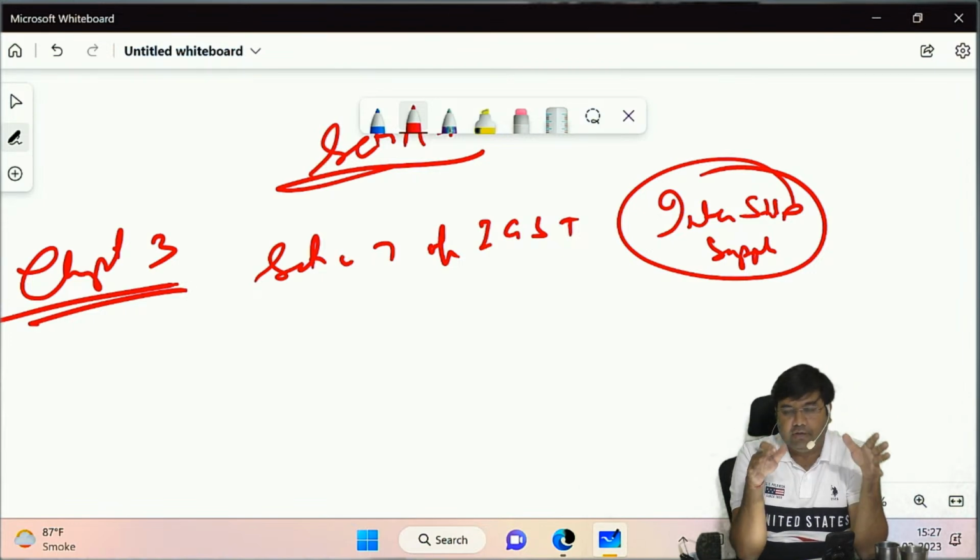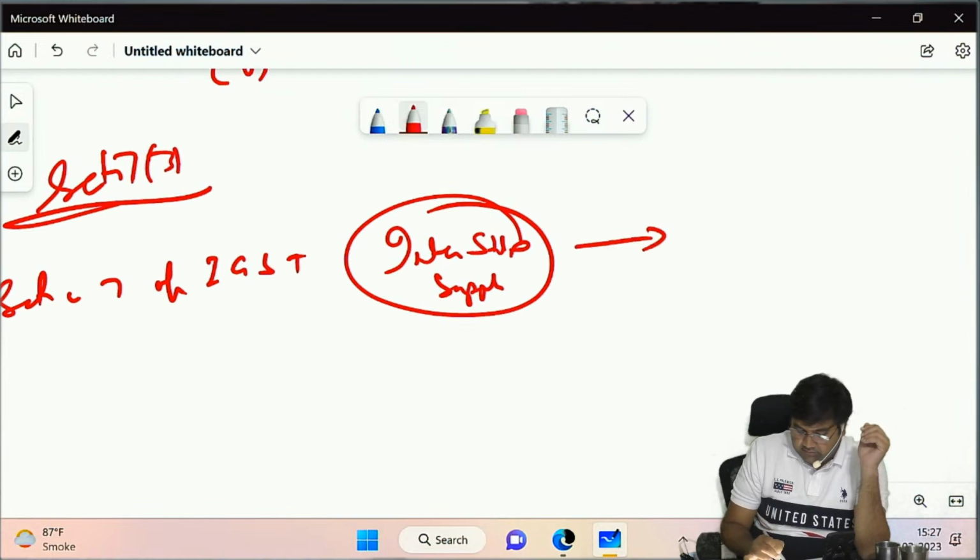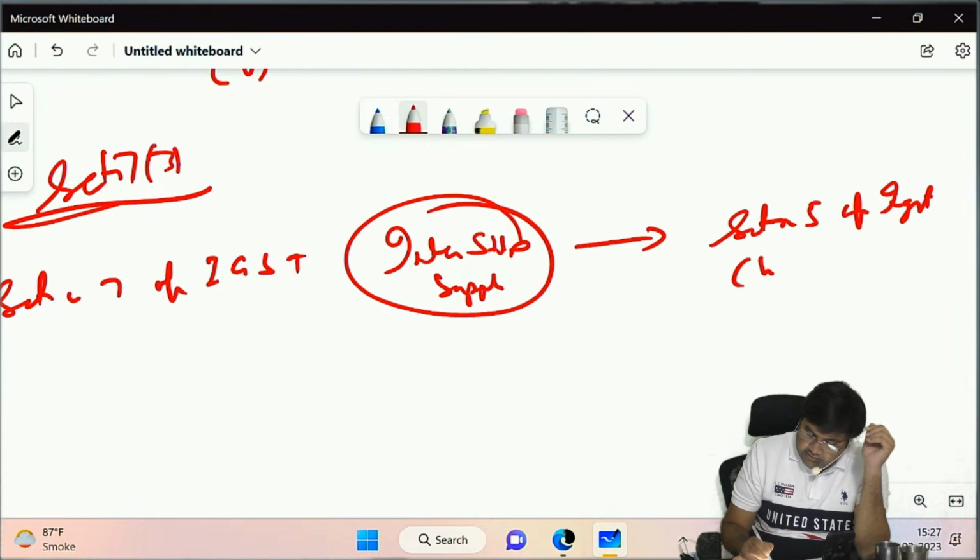If you are not sure it is intrastate, then it is going to be interstate. If it is interstate supply, then apply section 5 of the IGST Act and charge IGST.